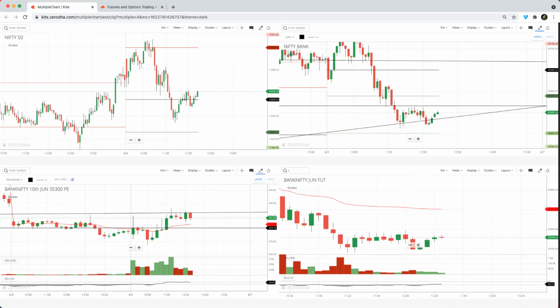The way the market is getting silent, we expect some sort of a violent move to come. Okay, the way the market is getting calm.